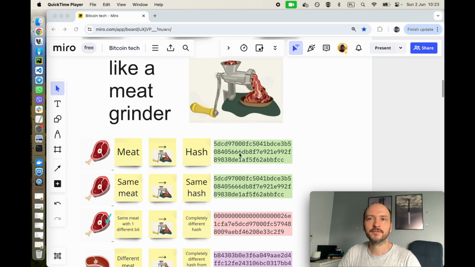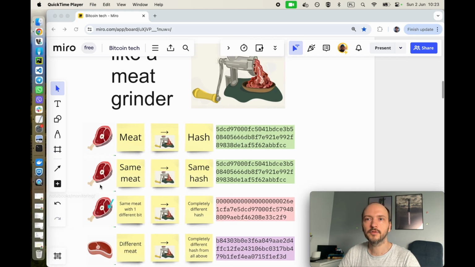And the result depends on what was in the input, but the result is mixed quite significantly, so that you cannot understand what was the initial piece that the result is produced from. A hash algorithm works in such a way that if you give the same piece of meat, which means the same file with exactly the same contents, it produces the same hash.